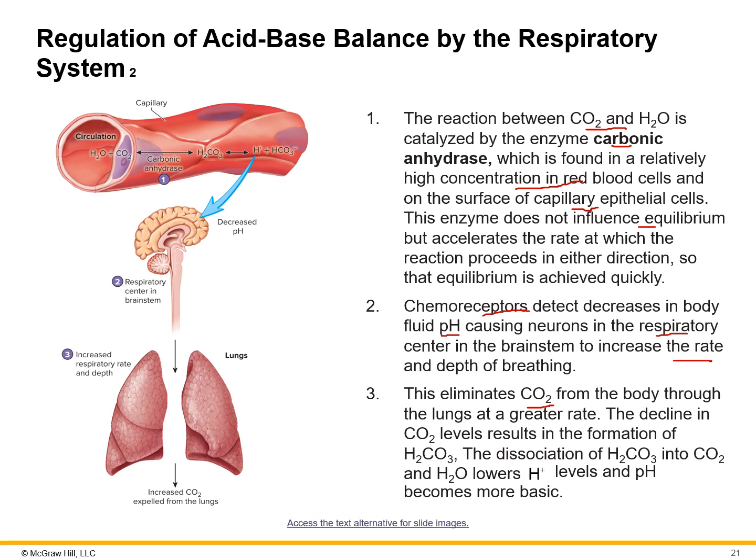So the removal of carbon dioxide then decreases how much carbonic acid we have. Bicarbonate is combining with the excess hydrogen, and that lowers the levels of hydrogen, and our pH becomes more basic. So again, that's with hypoventilation, or decreasing our respiration rate.